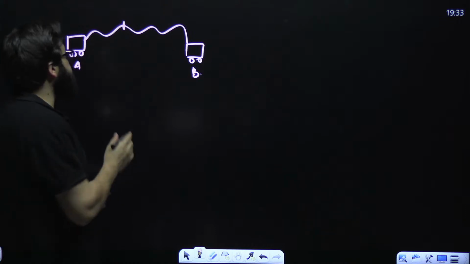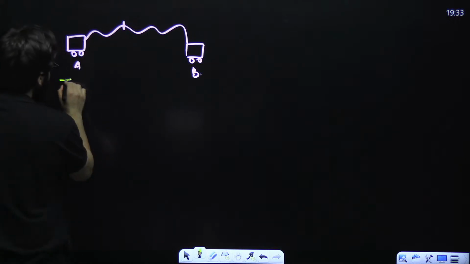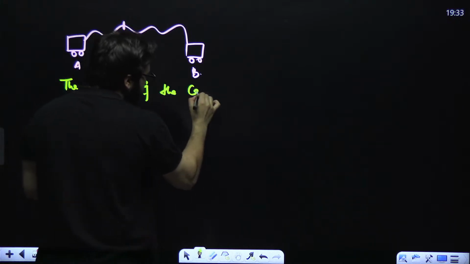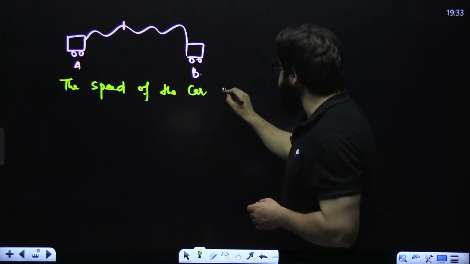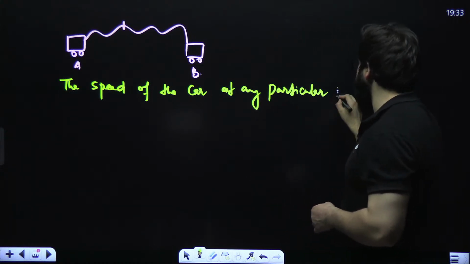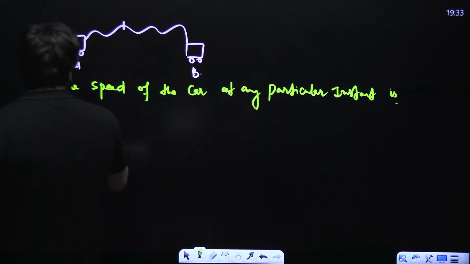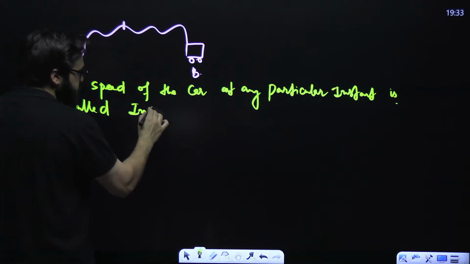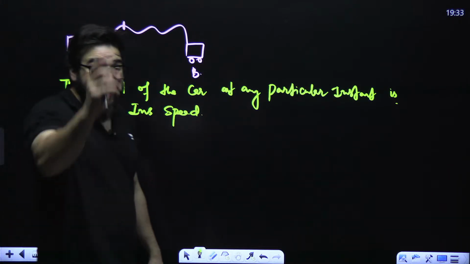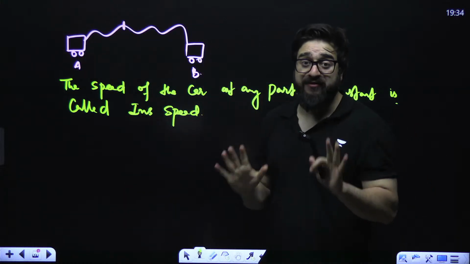No. What was the speed of the car at this particular instant? Speed at any particular instant is called the instantaneous speed. Speed from A to B is what we call the average speed.